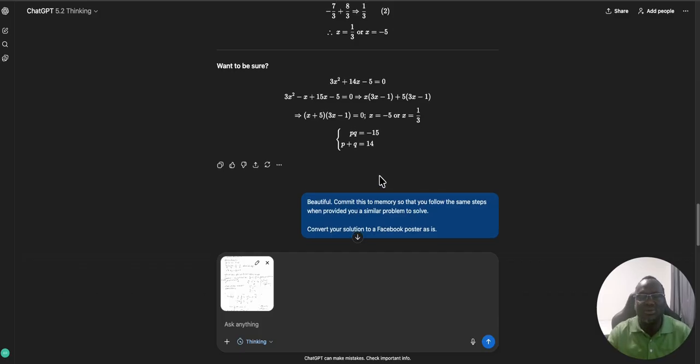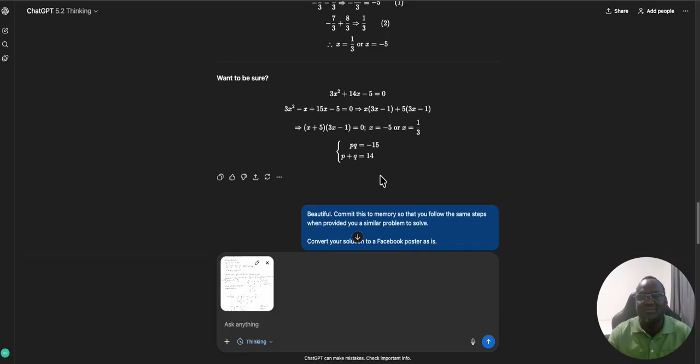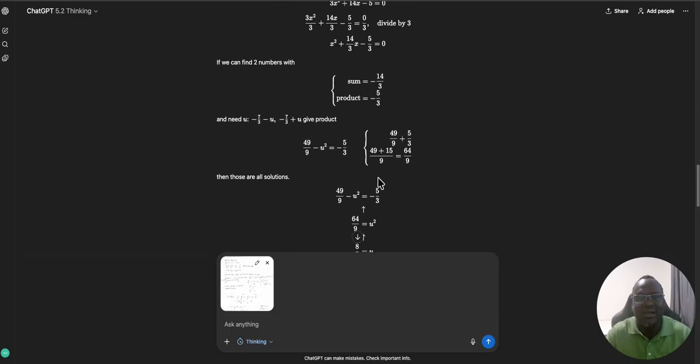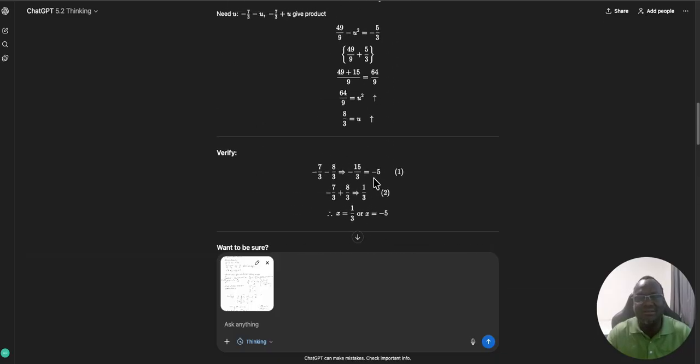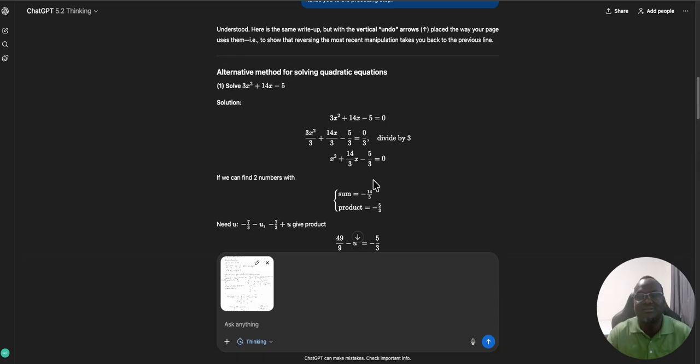It is good to have some basic understanding of what you are working on. For example, if you are solving math problems, you have to have some understanding of mathematics to be able to make sense of the solutions that the AI is giving you. Otherwise, you're just going to end up fooling yourself, getting wrong answers and thinking that you got the correct answers.